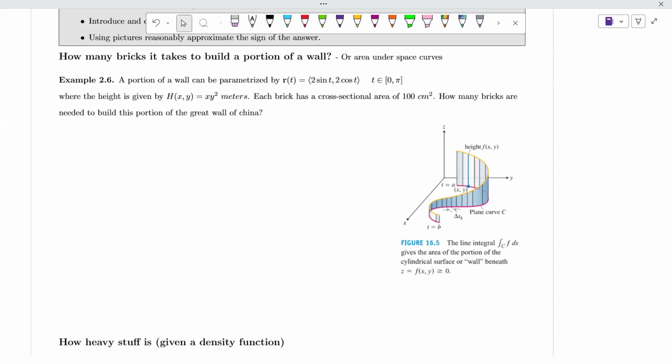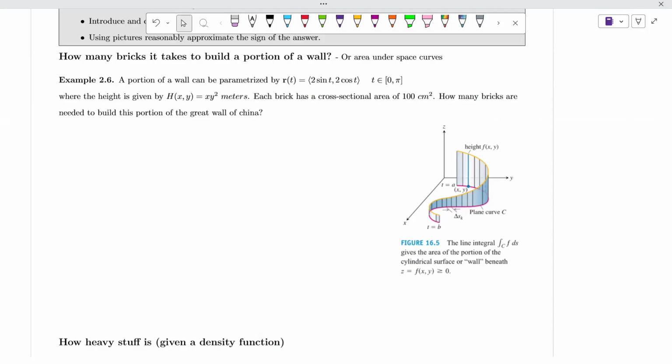But I know the height of this thing. Apparently, we decided that this portion of a wall is not just a wall, but the Great Wall of China. So the height is given by some function. We know each brick has a cross-sectional area of 100 square centimeters. How many bricks are needed to build this portion of the Great Wall?